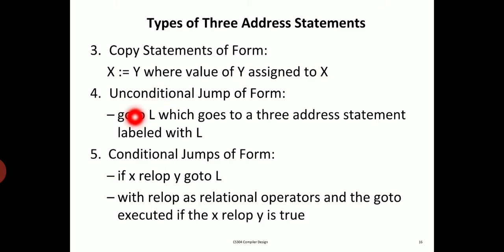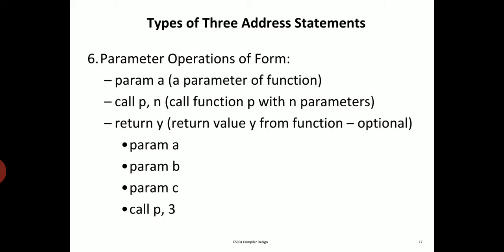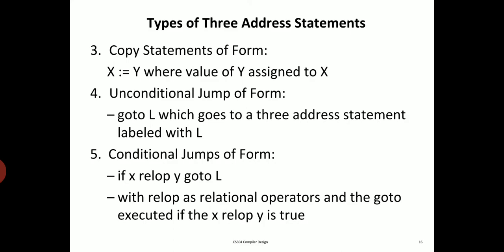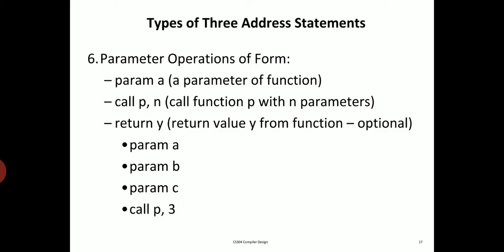Then next one is unconditional jump of the form go to L, which goes to the 3 address statement labeled with L. Then conditional jump: if x relop y go to L. That means if this condition, x related to y, holds, we have to execute the statement labeled with L. Otherwise we have to execute the statement next to the given statement if x relop y go to L. So these are different types of 3 address statements.